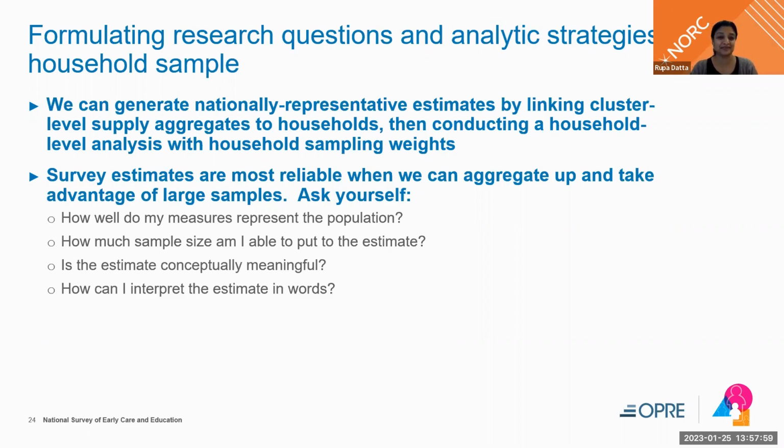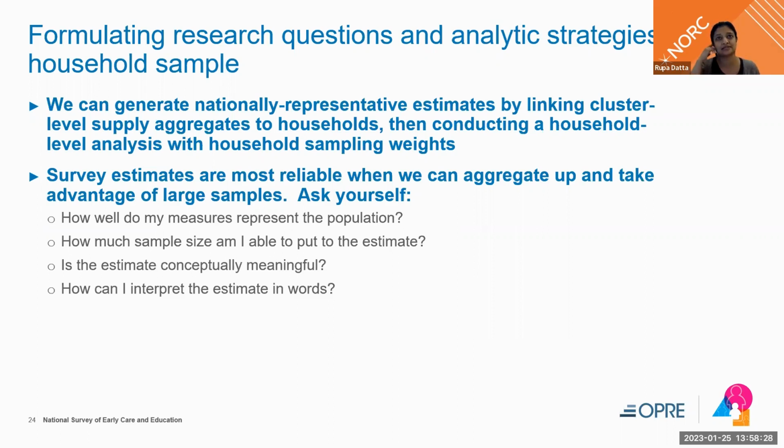Instead, what we commonly do would be to aggregate and create some summary measures, either on the household side or on the provider side, or both, and then conduct analyses using those summary measures. When you take that approach, some of the things to keep in mind are, we're going to ask these 4 questions. So one is, how well do my measures represent the population?